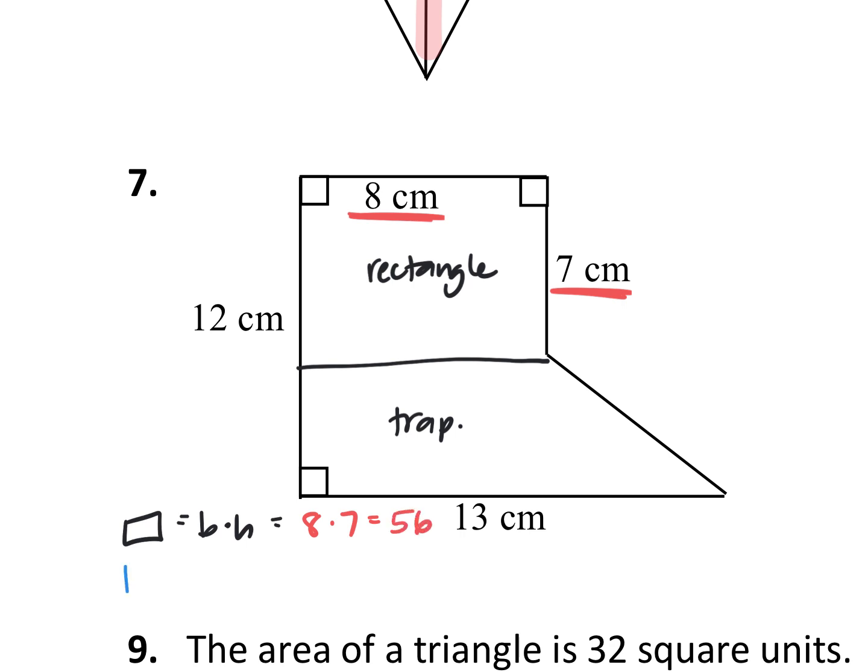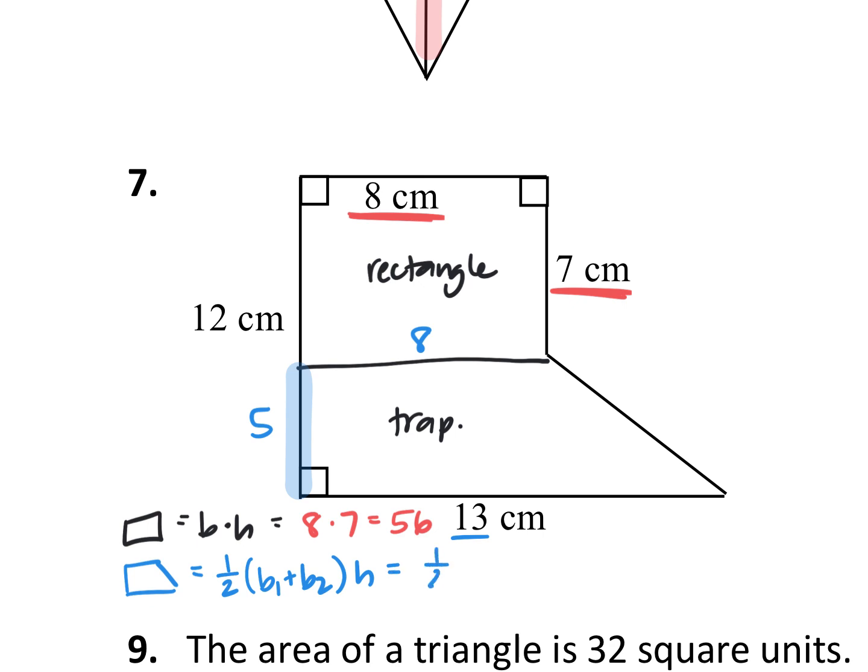And then for my trapezoid, if this whole thing here is 12, and I know this piece is 7, then this piece right here would be 5. So my height of the trapezoid is 5. And my two bases are 13 and 8. So my formula for a trapezoid is 1/2 base 1 plus base 2 times the height.